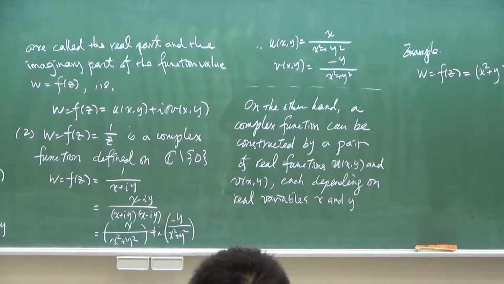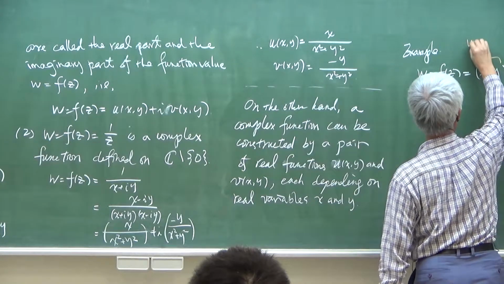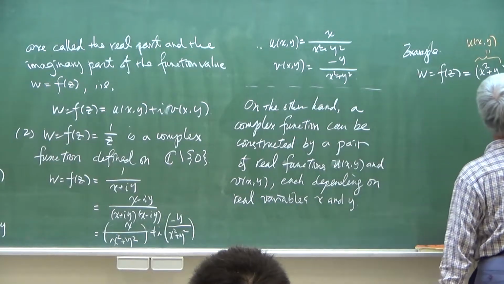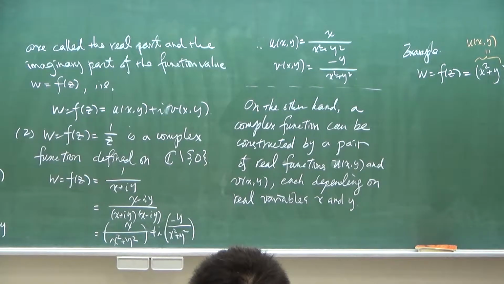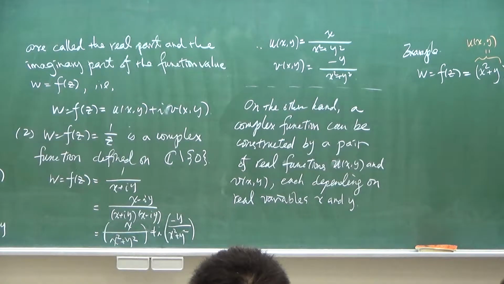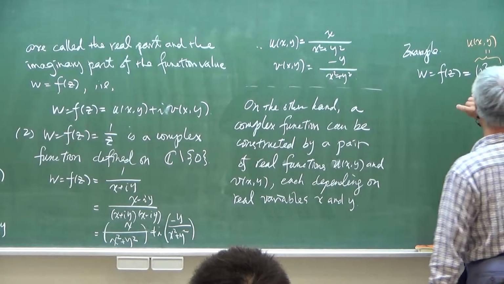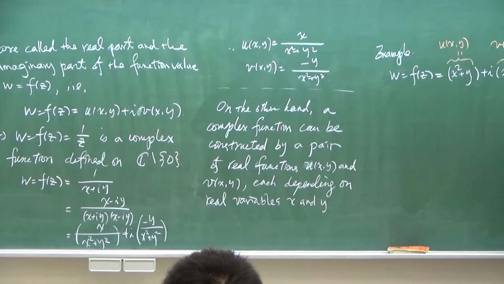So this is our u(x,y), and this is our v(x,y). From these descriptions we know that we can put any x, any y here to get a specific value. So from this expression, you know that the domain is the set of all complex numbers.